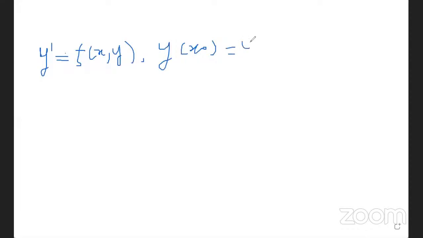For the first order initial value problem, y prime is equal to f(x, y), with the initial condition y at x naught, where x naught is any point in the domain of the differential equation, y at x naught is equal to y naught, and we assume that y is a solution of this initial value problem.